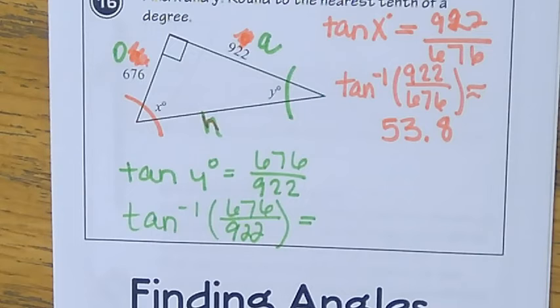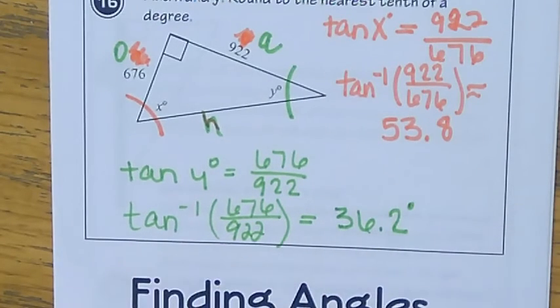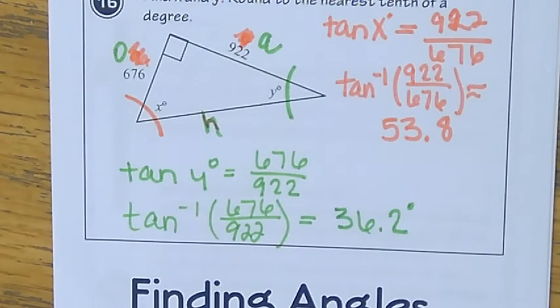Tangent 676. So what'd you get? 2.2? Okay, I'm still putting something in wrong. Tangent to the negative 1 of 676 over 922. I got 36.2. It always helps to maybe do it twice, to make sure you get the same thing, because it's easy for your finger to hit a wrong number.